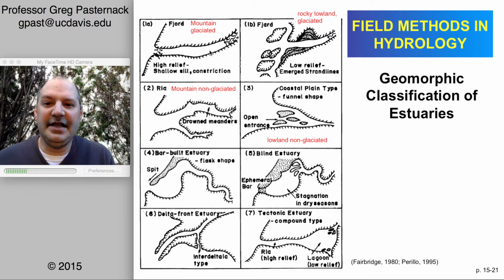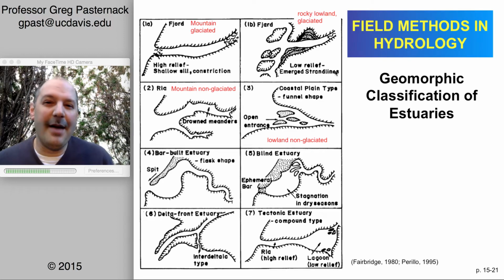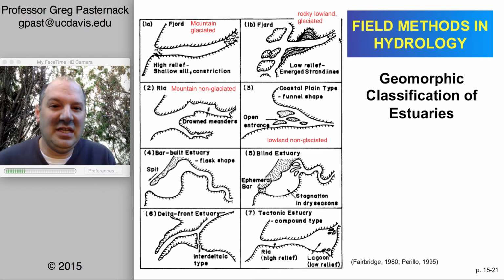In contrast to that, if you keep in a glaciated environment, but you go from mountainous terrain to more gently rolling hills or lowland terrain, then you have what we call a fjard. So you probably have heard of a fjord, and you probably have not heard of a fjard, but nevertheless, here it is. And so it's just a low gradient, rocky glaciated system.